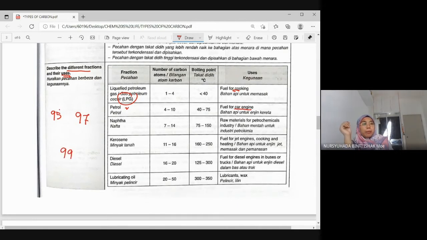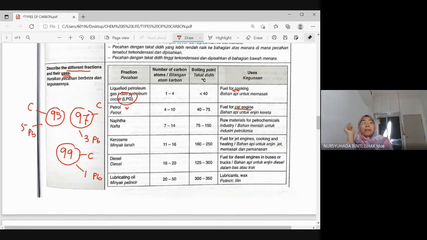So 95% ni adalah 95% carbon and then 5% lagi adalah lead. Kalau 97, 97 is carbon and 3 is lead. Kalau 99, carbon and 1% lead. So makin kurang lead yang ada maka makin bagus dan harga dia lebih mahal.